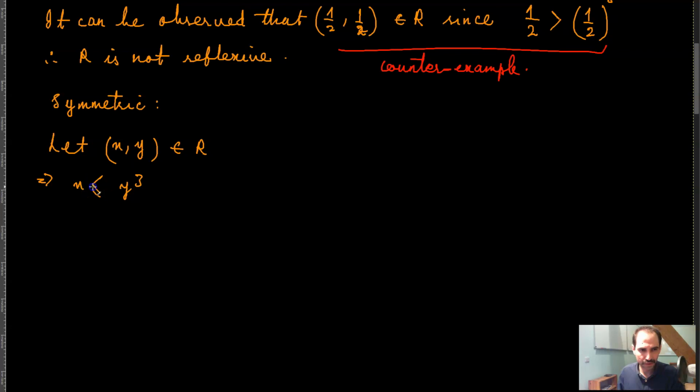But of course you need to be not so quick about deciding such things. Let me see. Okay, so as you can see here, if I assume that, for example, (x, y) belongs to R, that implies that x is less than or equal to y cubed.